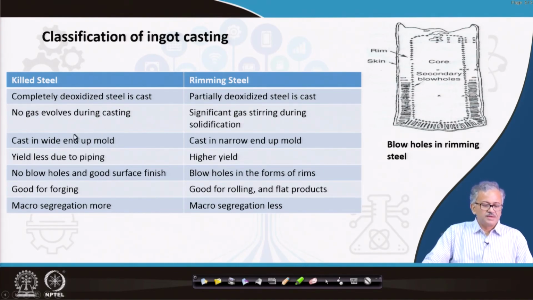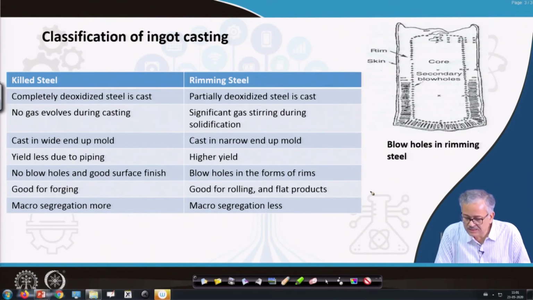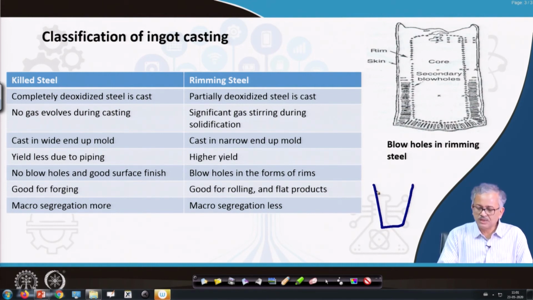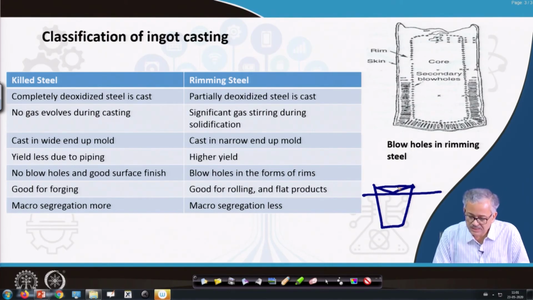Okay. Now, casting: killed steel is usually cast in a wide end of mold. Wide end of mold means this type of mold is there. This is called the wide end of mold. If you cast this way, then your rejection will be less because the sinkage cavity is less.